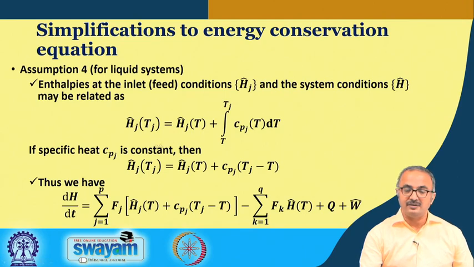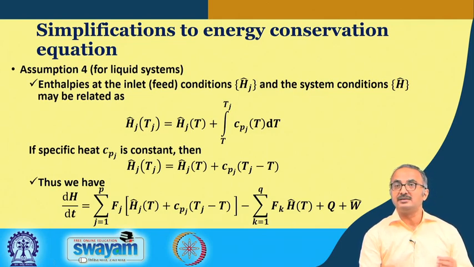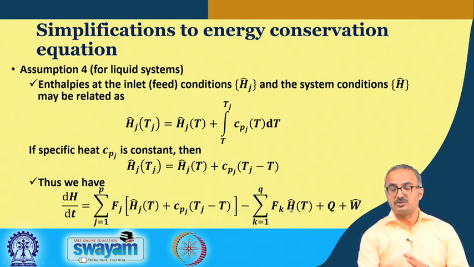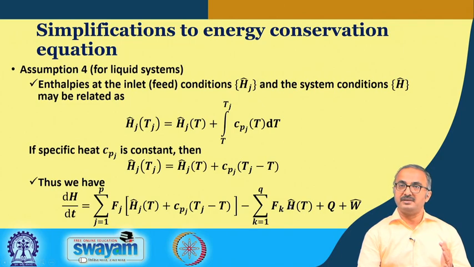Once we have done these simplifications, we can put it in the energy balance equation, and here we are putting this only for the incoming streams, and the outgoing streams are taken to be the same as the system conditions. So, these outgoing streams have the same temperature as the system temperature.